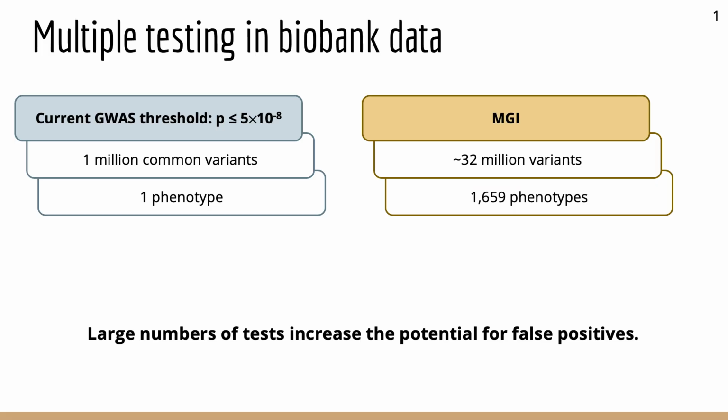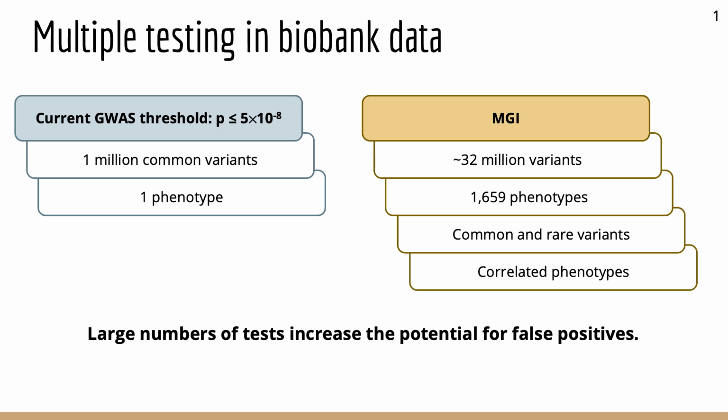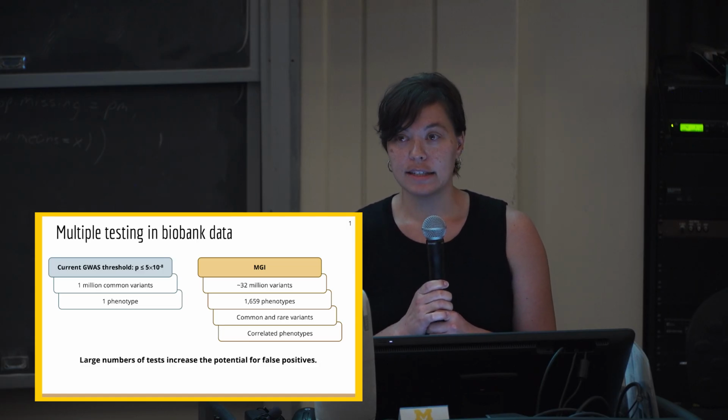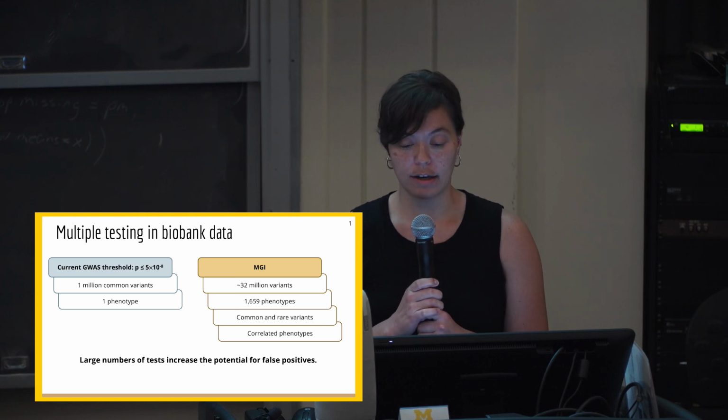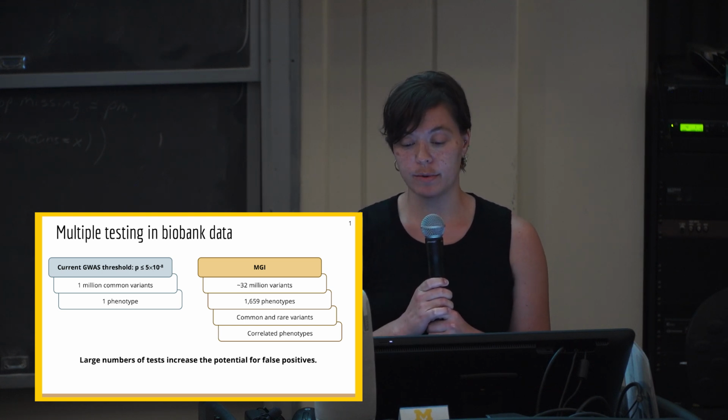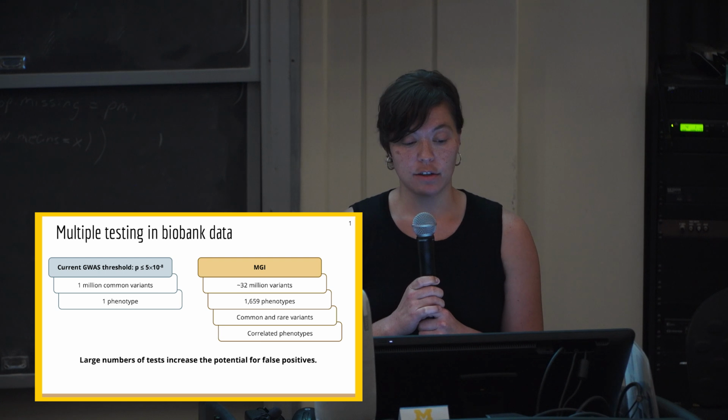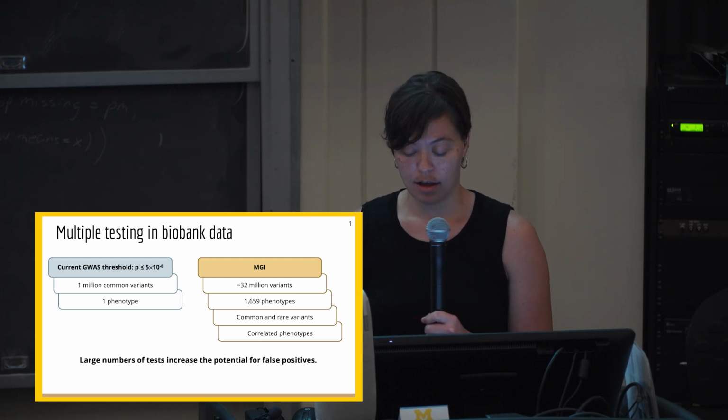Other complicating factors include that we are testing across common and rare variants with different allele frequencies, and that we have correlation among our electronic health record phenotypes. Lars showed some of the phenotypes that we're testing, and many of them have relationships to each other and are highly correlated. These are other complications we have to think about when doing multiple testing correction in this biobank data.